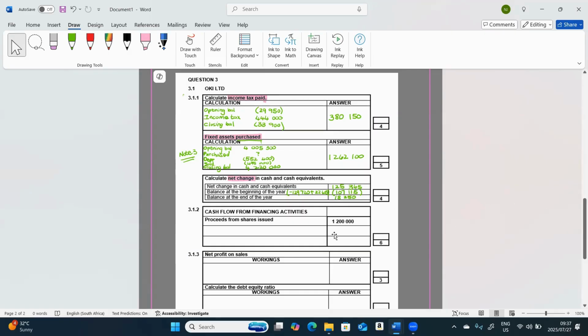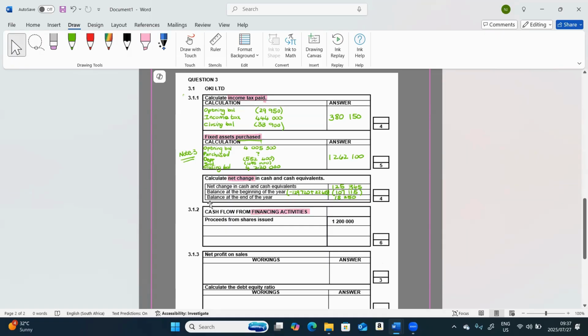Okay, perfect. Then we can move on to 3.1.2. And this question asks us to calculate the cash flow from financing activities. Now they had completed the first portion of the cash flow from financing activities for us, which is the proceeds from shares issued.